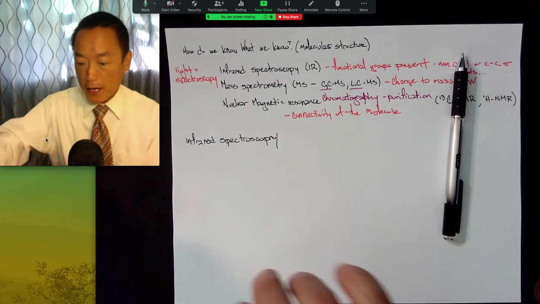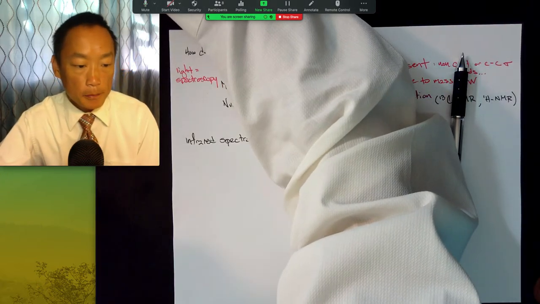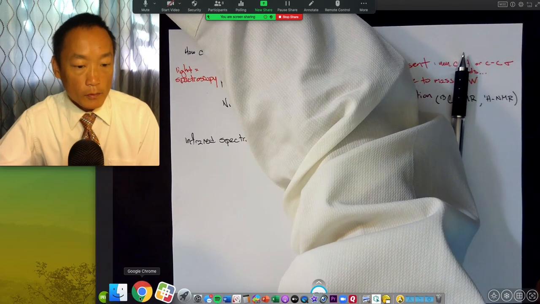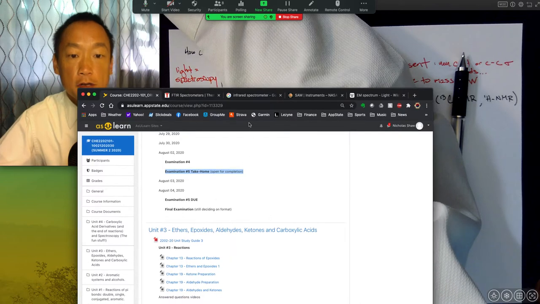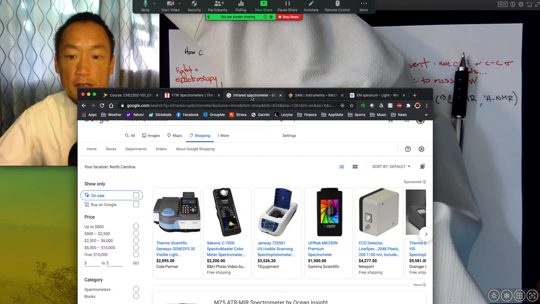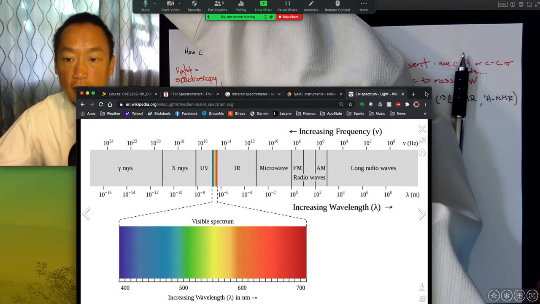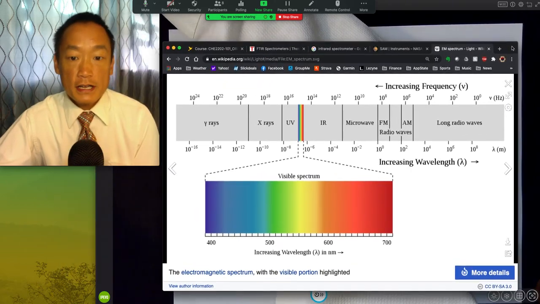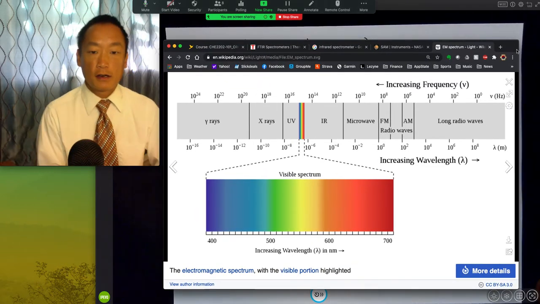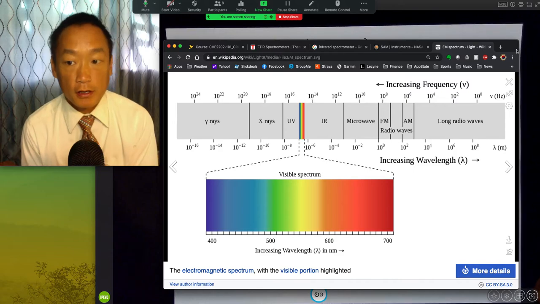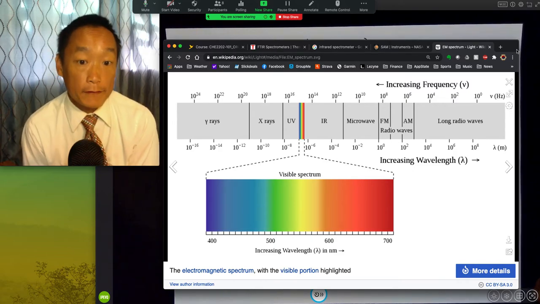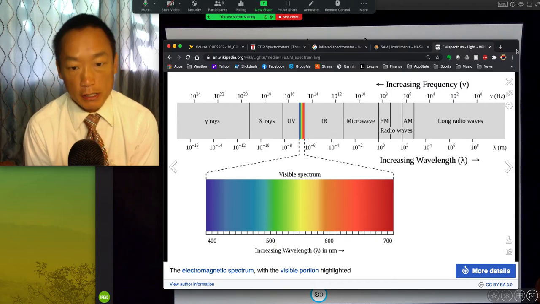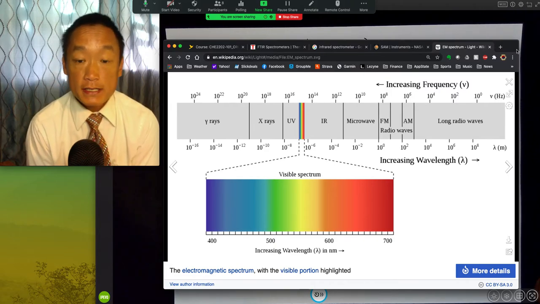And so with that being said, let me first pull up this right here. So what is infrared spectroscopy? Let's take a look. First of all, here is a picture of essentially all wavelengths of radio or any sort of wave. And of which we have the visible spectrum, which we can see.